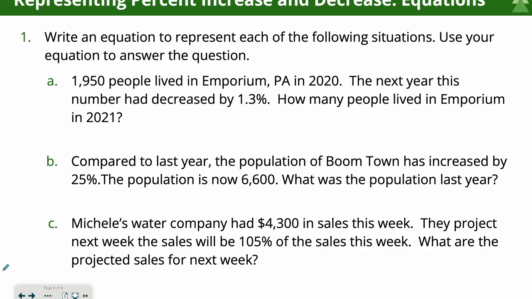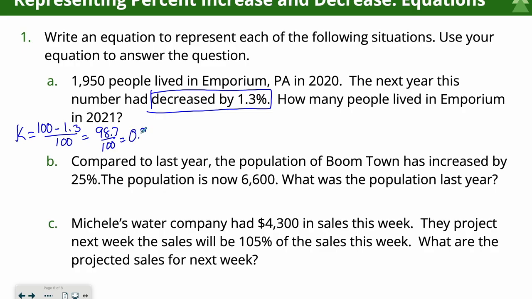How many people lived in Emporium in 2021? So it's a decrease. So that means to find my K, I need to do 100 minus 1.3 and then divide by 100, and we end up with 98.7 over 100, or 0.987.